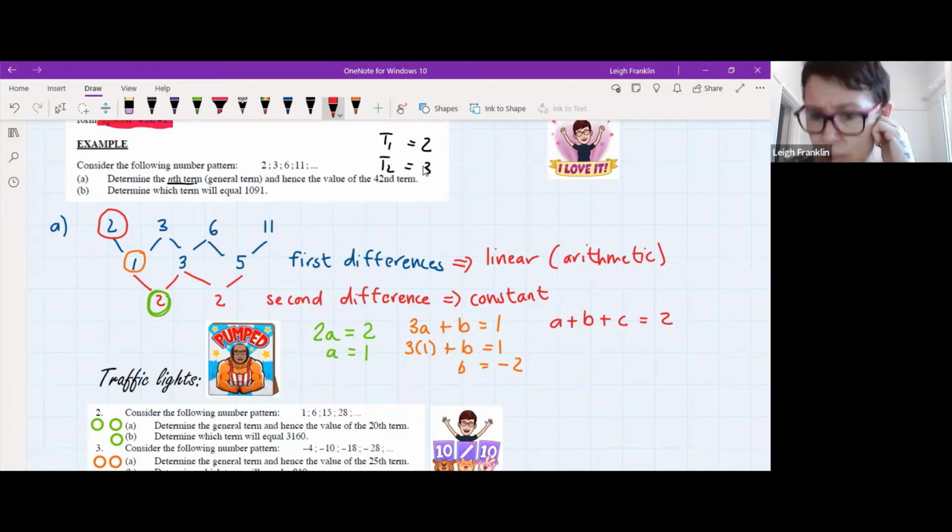Yes, ma'am. Okay, all right. So now, in place of the a, Percy, what am I going to write? In place of the a, you're going to put a 1 there. And you're going to say minus 2. Yes. Then you're going to say c equals the 2 there on top.